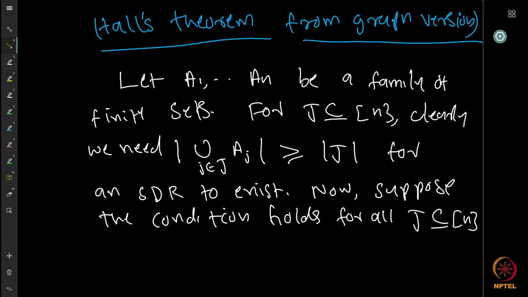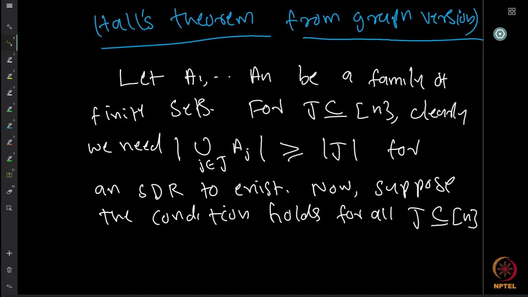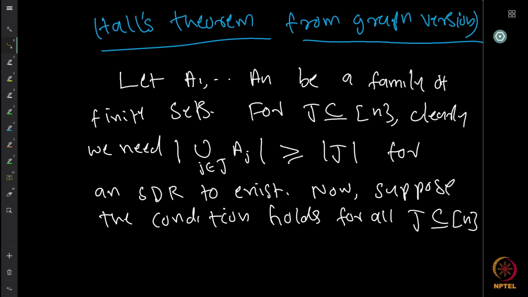This is our theorem statement: let A1 to An be a family of finite sets such that for every subcollection of these sets, the cardinality of the union is at least the number of sets involved in the union.